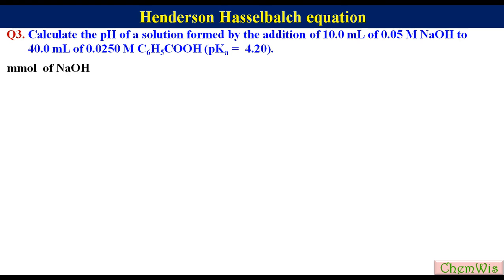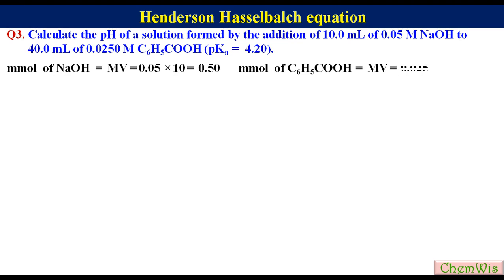Number of millimoles of NaOH added is equal to molarity of NaOH into volume in ml, is equal to 0.05 into 10, is equal to 0.5. Number of millimoles of benzoic acid present in the solution is equal to molarity into volume in ml, is equal to 0.025 into 40, is equal to 1.